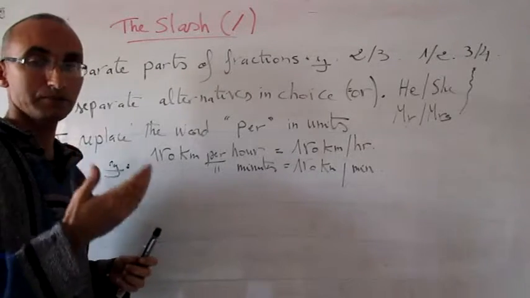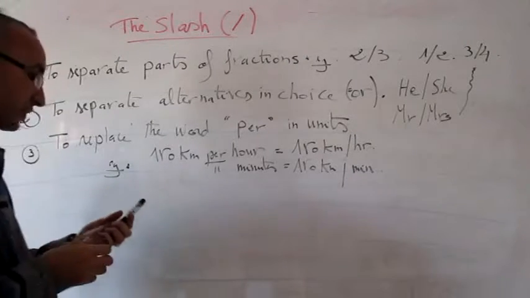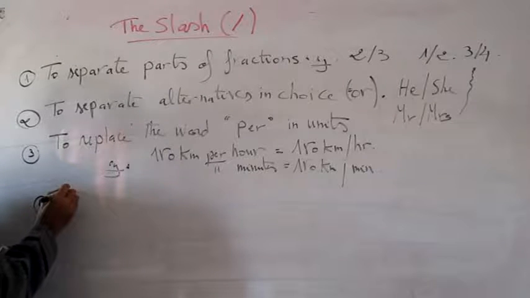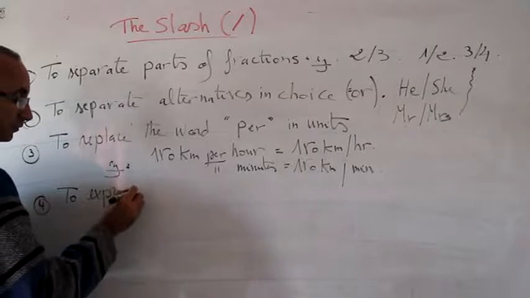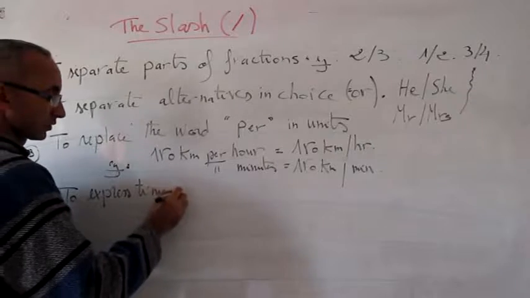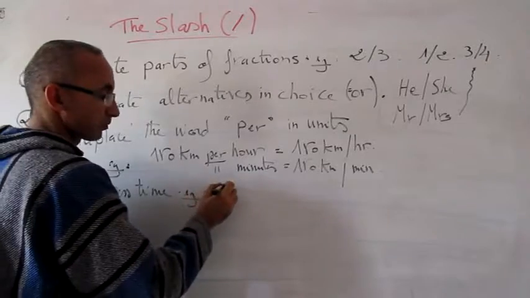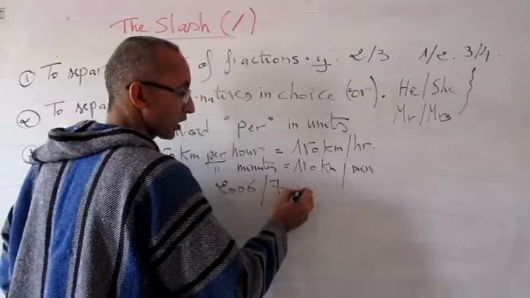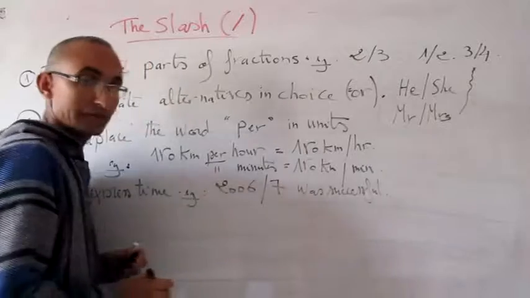Also, we have another important use of this mark when expressing time. Here the slash comes to represent a particular period of time. Number 4, sorry. When expressing time, for example, we write the season of 2006/2007 was successful, right?